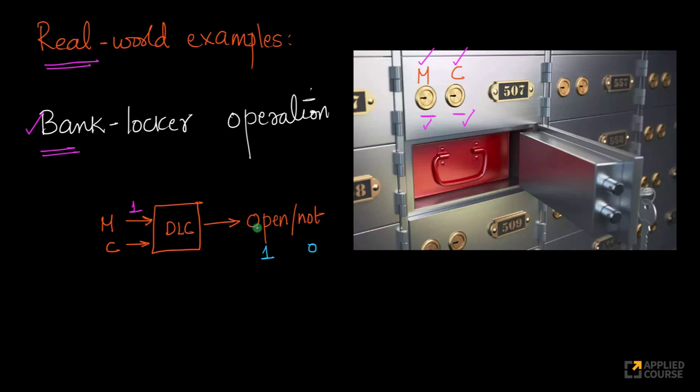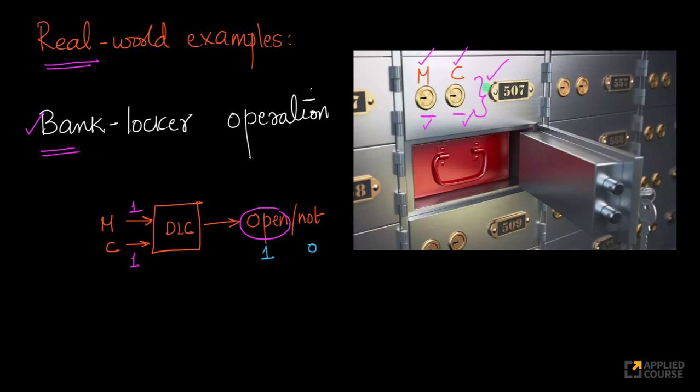If it is invalid, it will send a signal of 0. Now the logic here is, if both the manager key is valid and the customer key is valid, then the locker opens. Today, most lockers are designed as a combination of electronics and mechanical systems, because there is a physical lock that has to be put in place. Depending on the bank, more advanced banks have digital locks, and some banks have just physical locks.